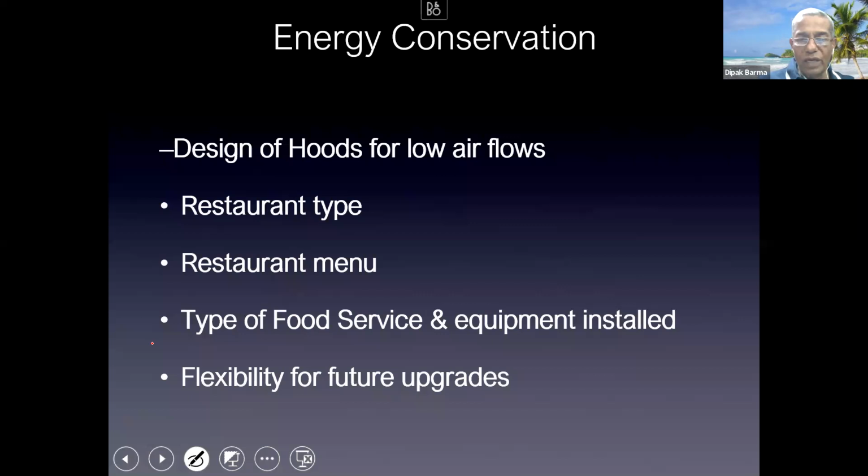Consider the type of food service and equipment installed, as well as flexibility for future upgrades. Try and get people to upgrade their equipment also, so that the discharges from the equipment are lower and lower, which will save energy on the exhaust arrangement or the kitchen ventilation.